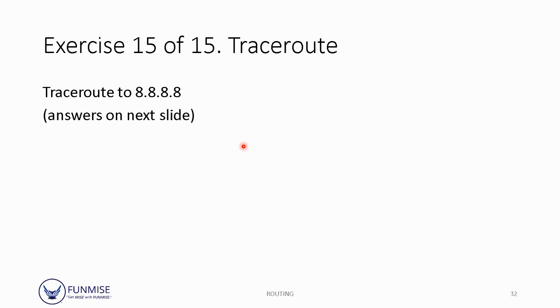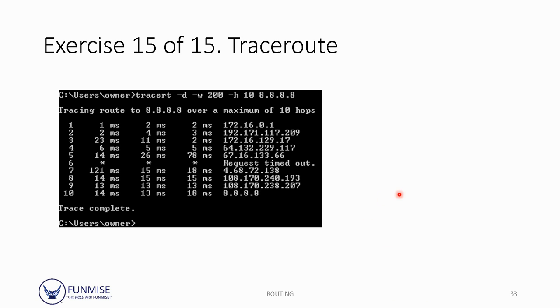Exercise 15, Traceroute. Now, in Windows, we're going to do a traceroute to 8.8.8.8. Here we did a traceroute and we had some flags turned on, as Kelly likes to say.